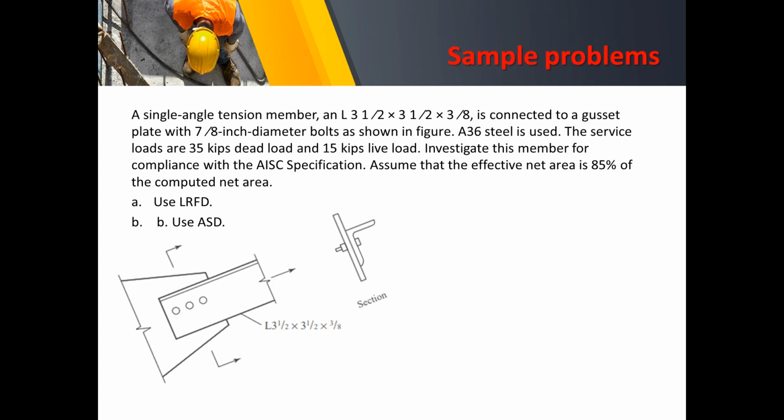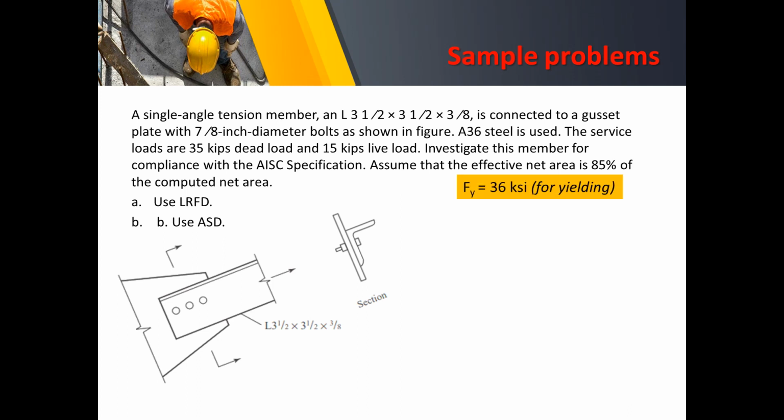In this case, we are given service loads. Of course, we have learned in our previous session how to compute the combinations by LRFD or ASD. Let us take note that the load combinations should always be less than the allowable strength or the design strength.